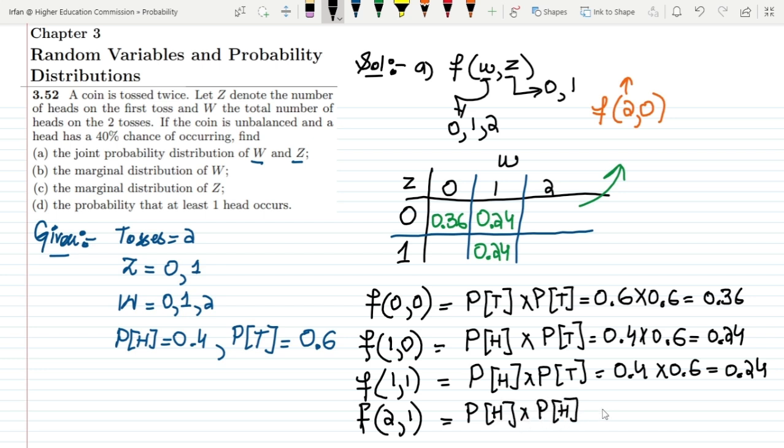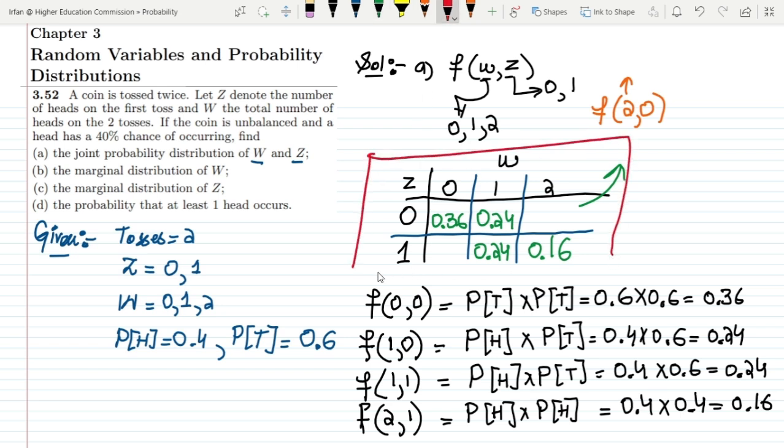So we get 0.4 multiplied by 0.4, which is 0.16. Let me write it here as well: 0.16. That is basically the joint probability distribution for the event given here. So that is the solution of part A.